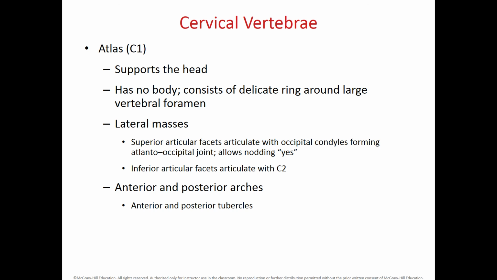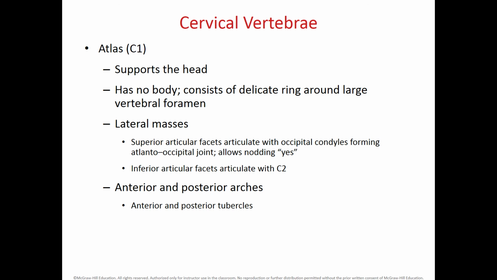And then inferiorly, the lateral masses have the inferior articular facets that articulate with C2 or the axis, so they form the atlanto-axial joint. And with the atlanto-axial joint, you can move your head to the sides like saying no.